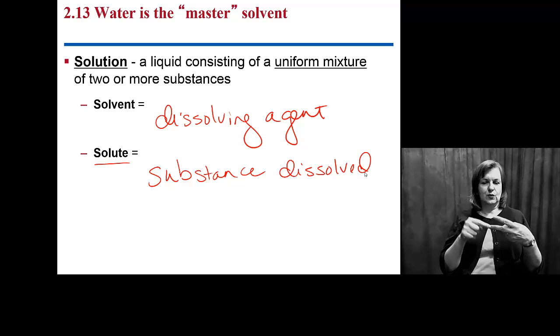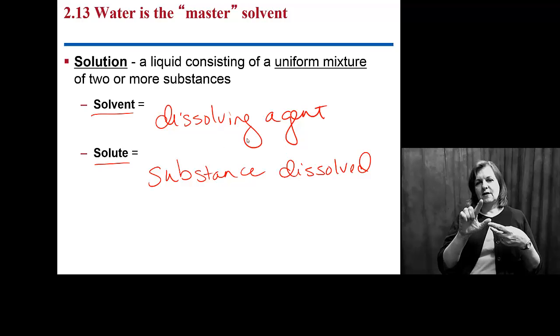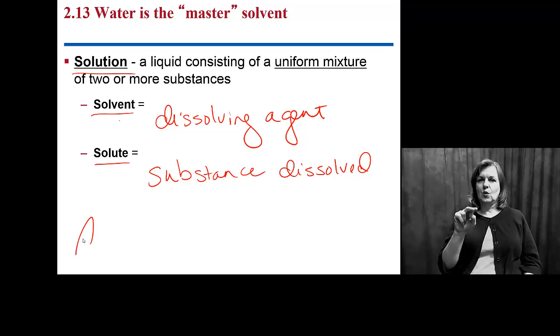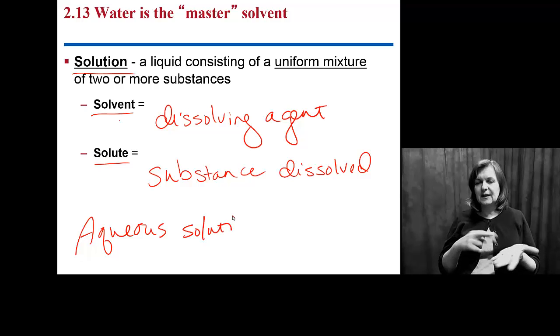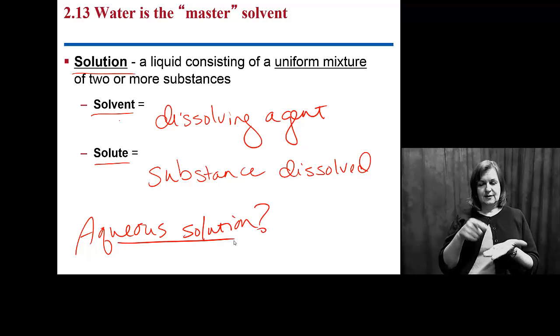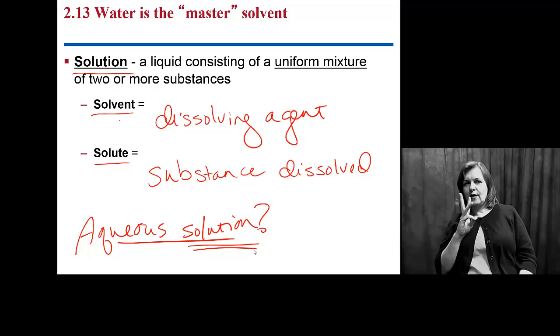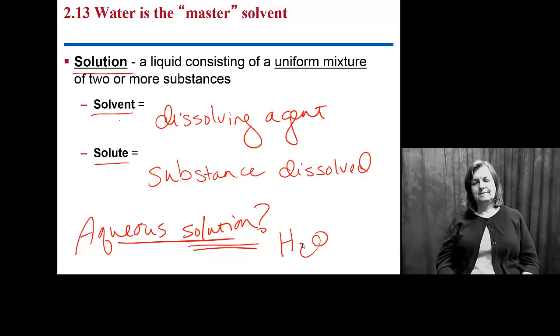So when we look at these guys, we're going to look at a solute being dissolved in a solvent to form a solution. Got that? So if I tell you I have an aqueous solution, what does that tell you? It means I have a solution whose solvent is water. Always.